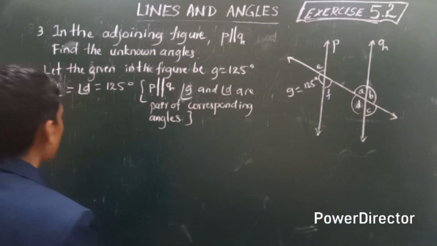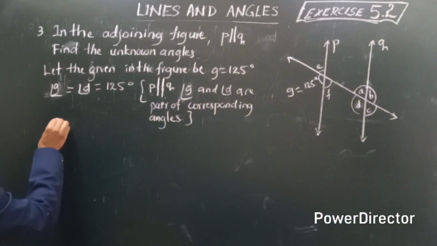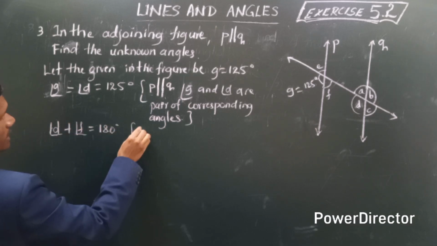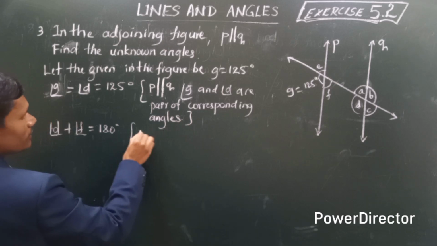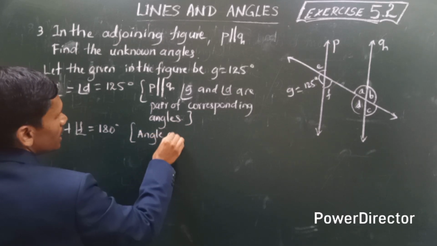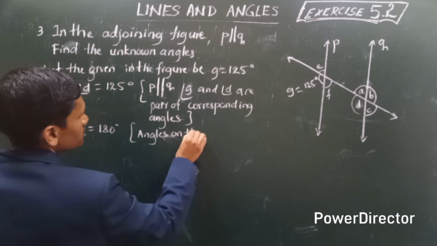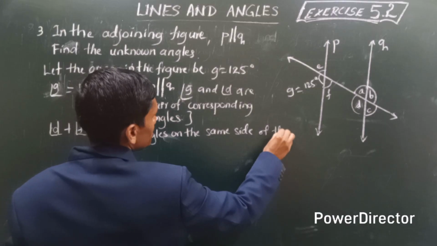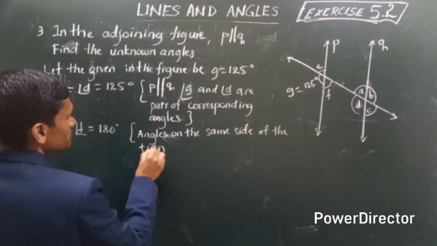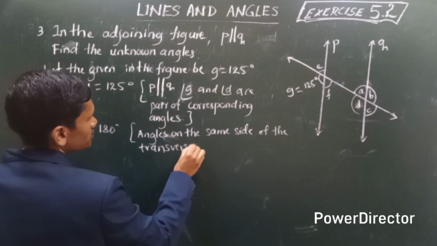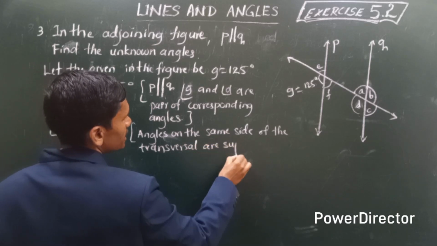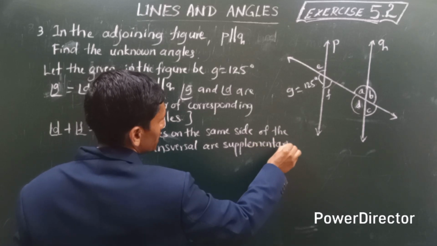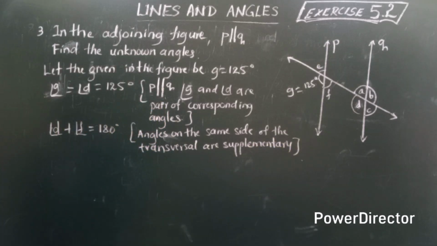So we can write angle D plus angle F is equal to 180, because angles on the same side of the transversal are supplementary. This is the reason; you need to mention it like this, otherwise marks will be cut if reasons are not given, right?